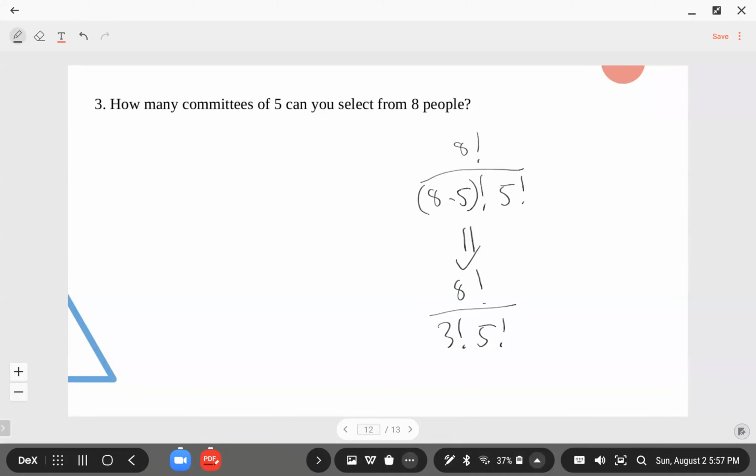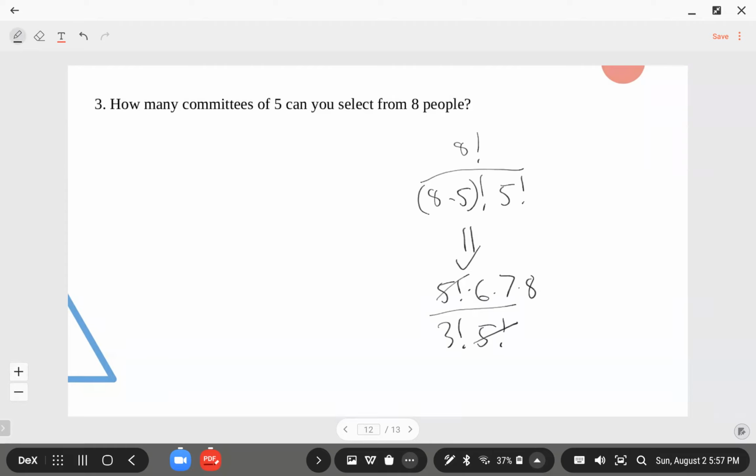Remember, we can simplify, right? We can simplify. 8 factorial equals 5 factorial times 6 times 7 times 8, correct? And then we can cancel these out, right?